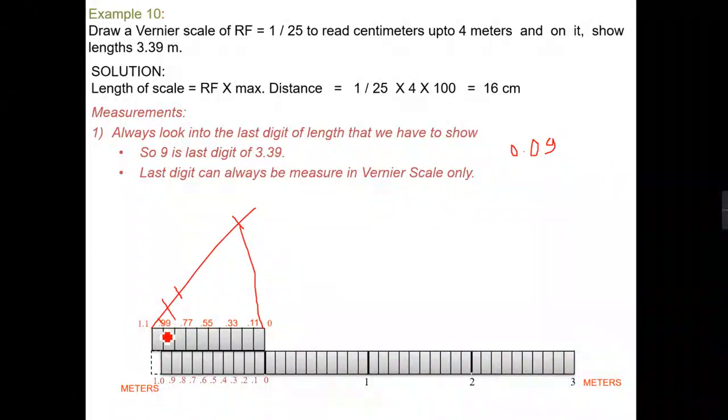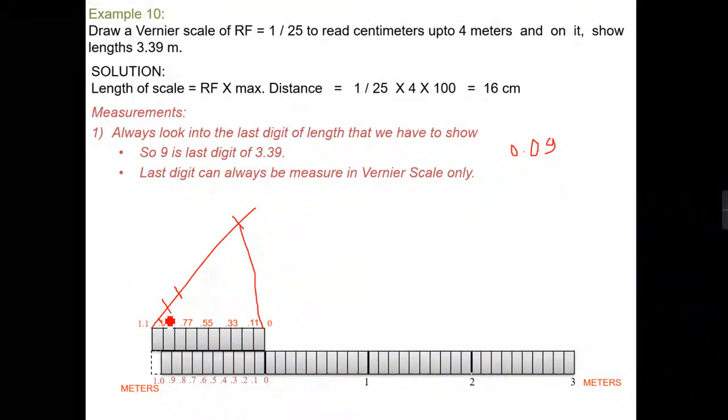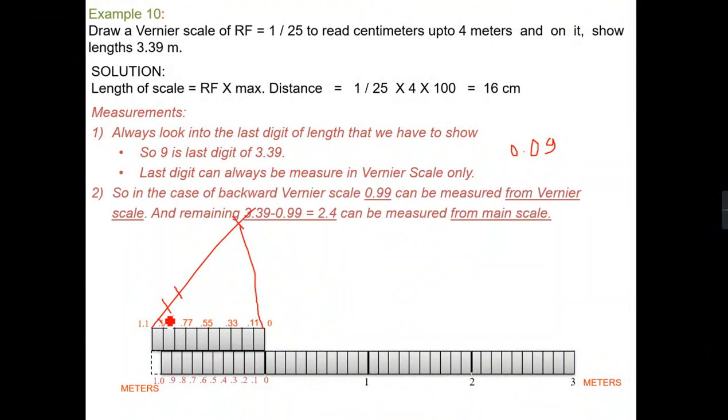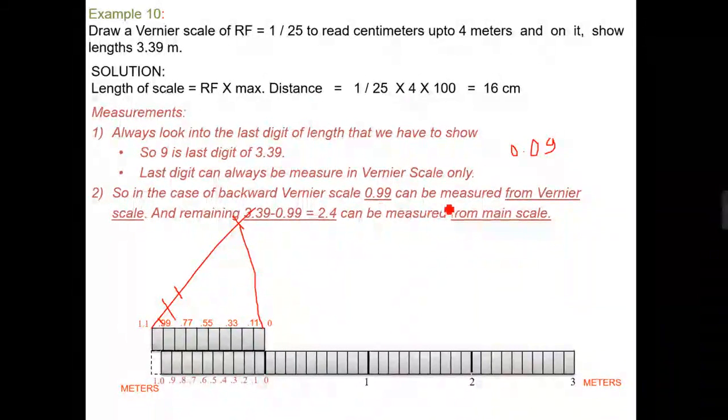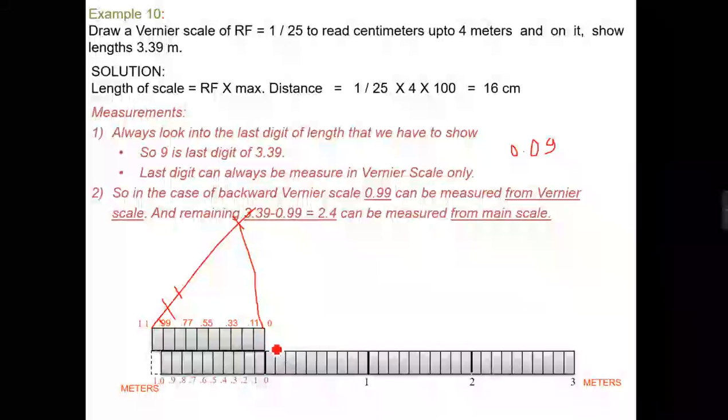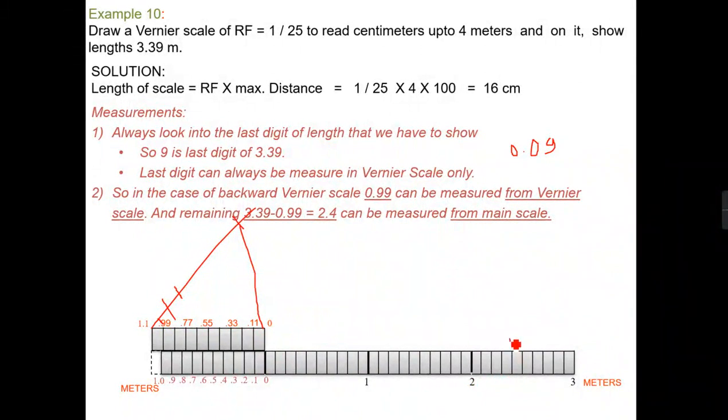So 0.09 can be measured from the vernier scale, and the remaining 3.3 can be measured from the main scale. Here you can see the 3.3 is coming out to be here.